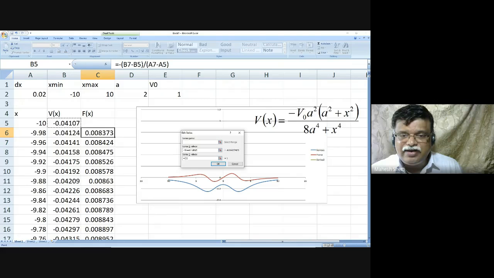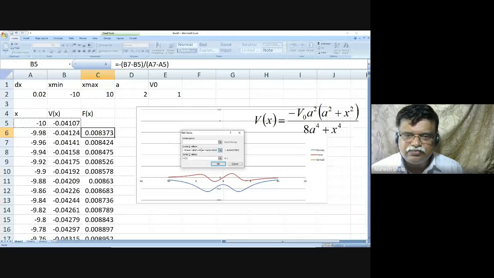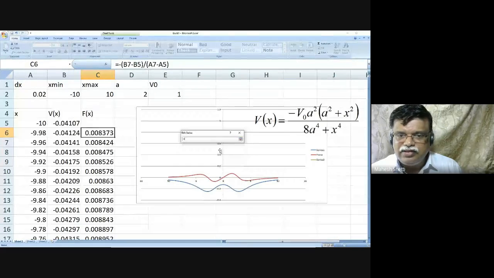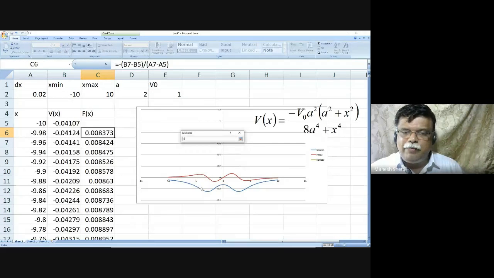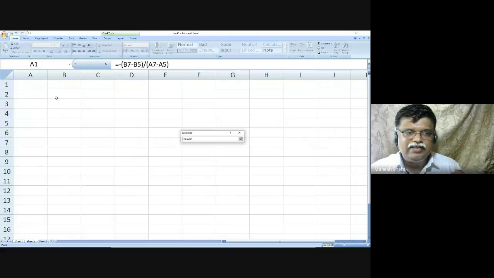If I want to pick up data from another sheet, I click on sheet 2 and click on this cell, and it has automatically taken sheet 2 exclamation mark and $B$3.